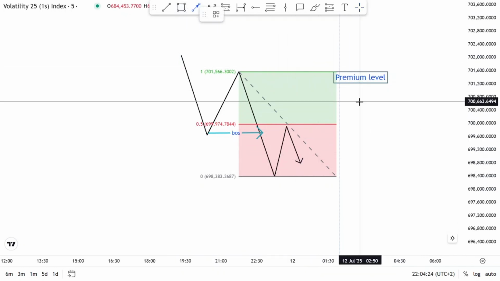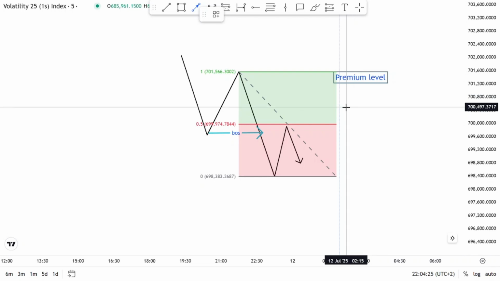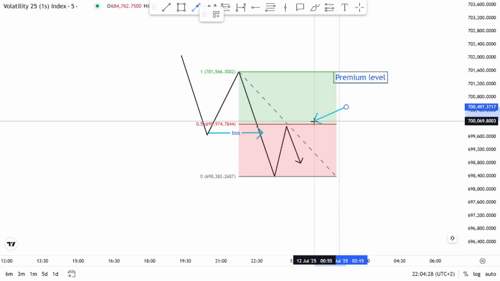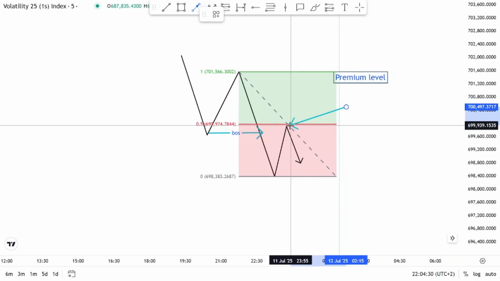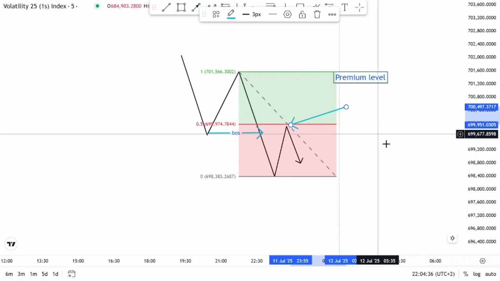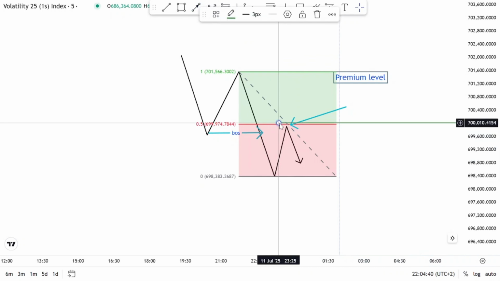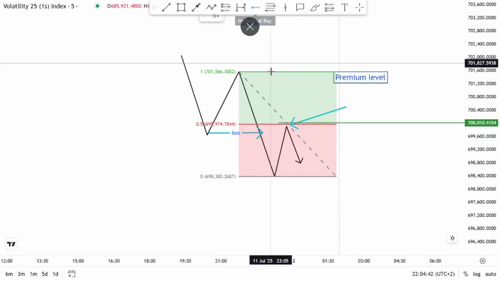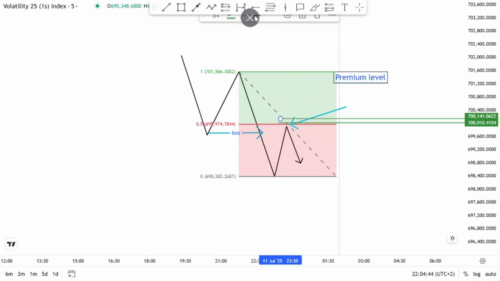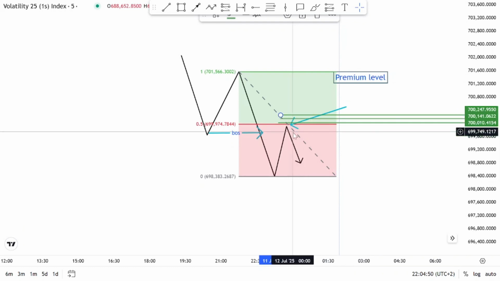The same thing that happens when we are buying happens when we are selling, that is, price will come here around the 50%, and then traders are going to come in and sell, and this represents the stop losses.